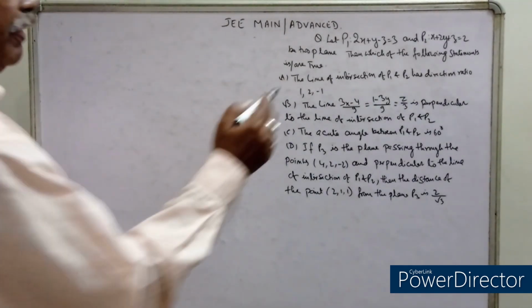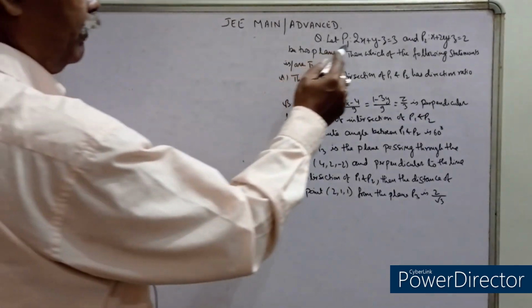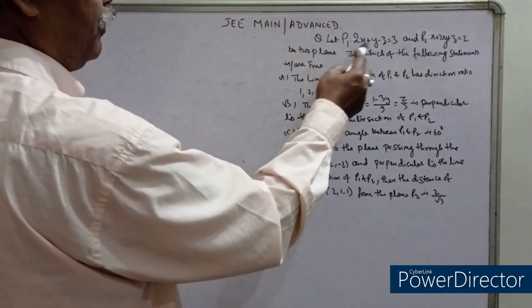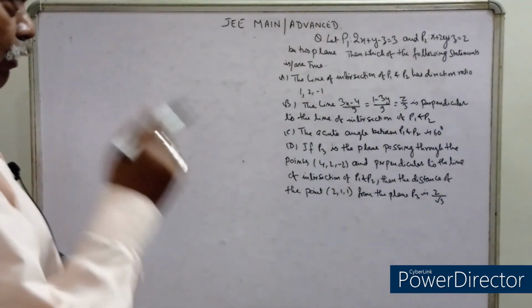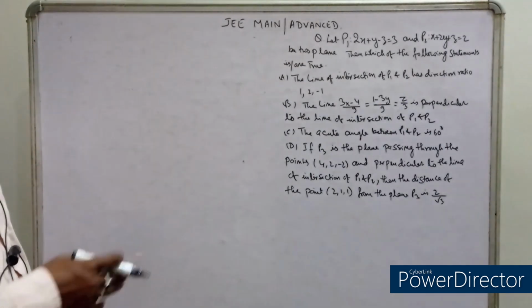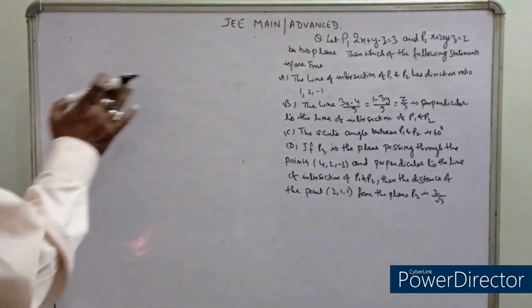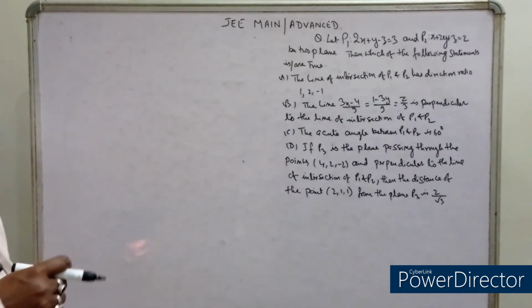We know the n1 vector and n2 vector, the normal vectors of these two planes. If we cross the n1 and n2 vectors, we get a vector, and that vector is parallel to the line of intersection of these two planes. This is the interesting point in this question.